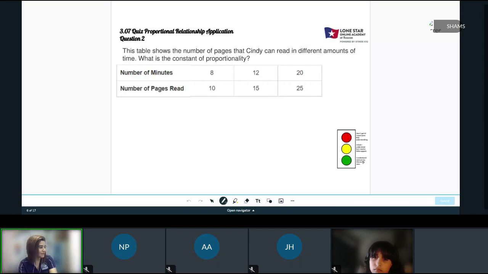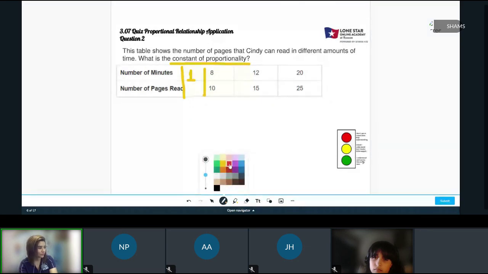Perfect, Huria. Paxton, I'm not sure if this is your question 2, but simply you are finding constant of proportionality. And constant of proportionality, Paxton, means you're finding for 1 minute in this case, right? Then how many pages are read in 1 minute?